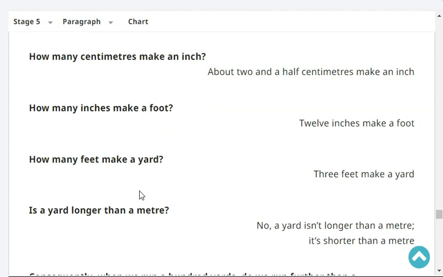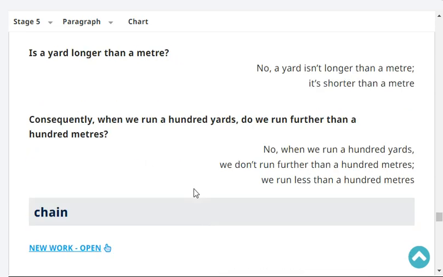Is a yard longer than a meter? No, a yard isn't longer than a meter. It's shorter than a meter. Very good. Consequently, when we run 100 yards, do we run further than 100 meters?